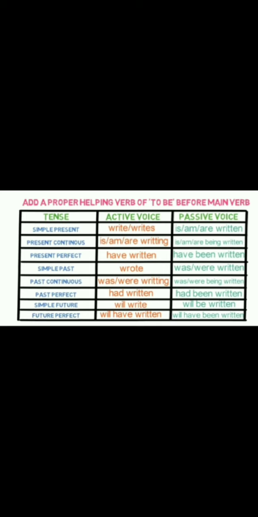In simple future, will write will change to will be written. And the last, future perfect, will have written will change to will have been written. I hope this chart is going to help you in how to change active to passive for all 8 tenses. Thank you so much.